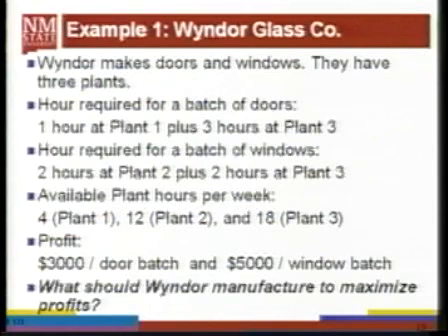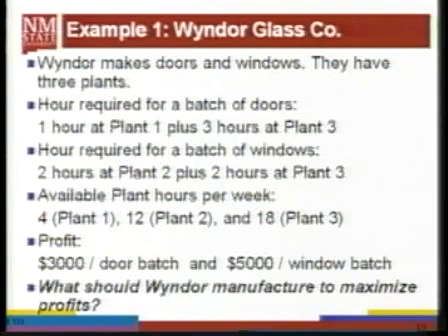And a batch of windows requires 2 hours at plant number 2 plus 2 hours at plant number 3. We assume that plant number 1 is available for 4 hours per week, plant number 2 for 12 hours per week, and plant number 3 for 18 hours per week.